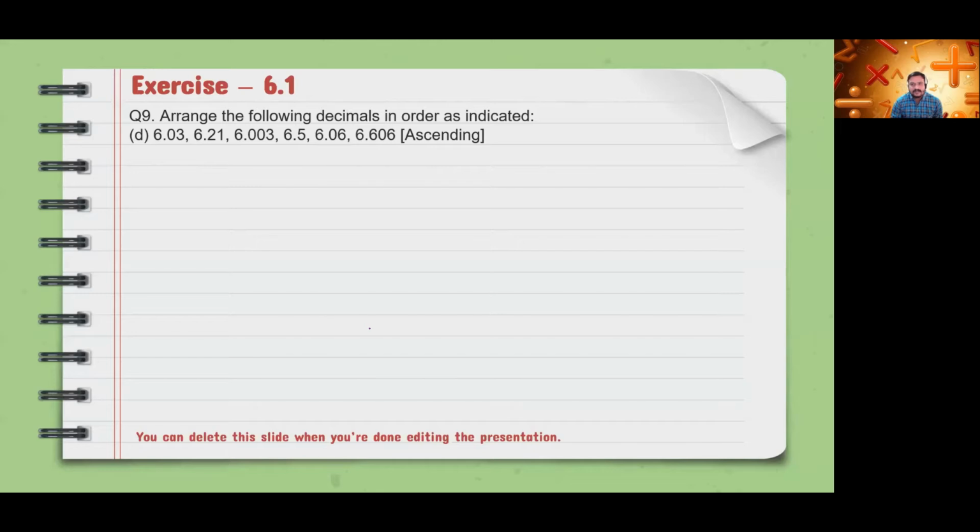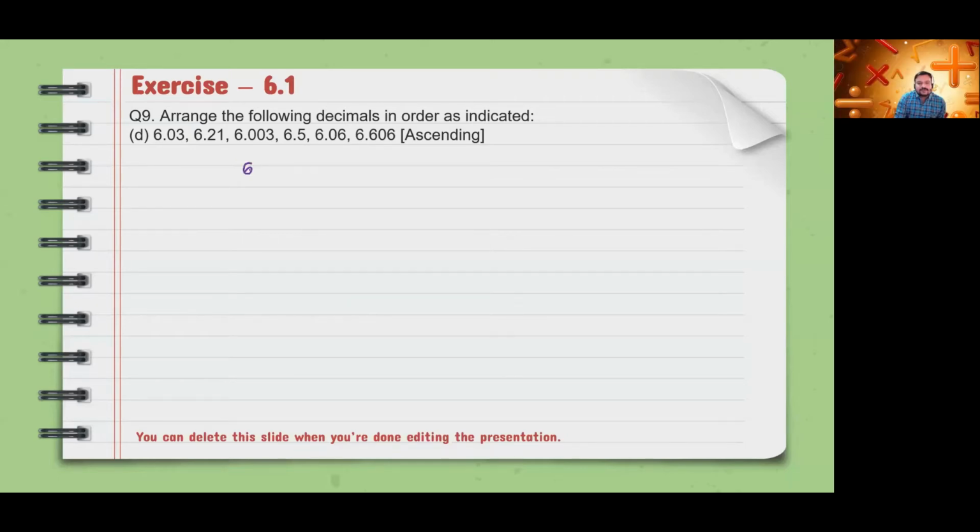This one? Do you know like decimals and unlike decimals? Yes, sir. I have to just put zeros on the smaller numbers to match the biggest, which is 6.003 and 6.606. Okay, first do that.